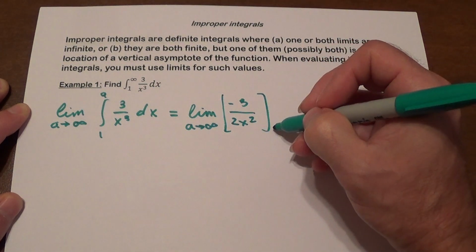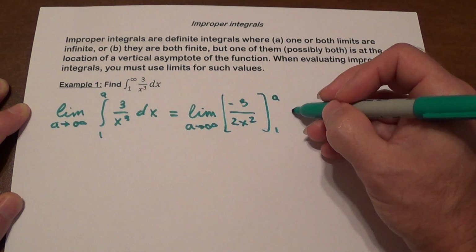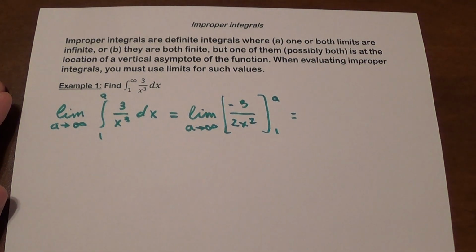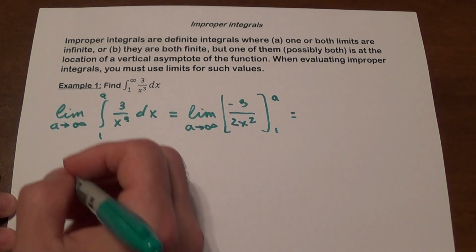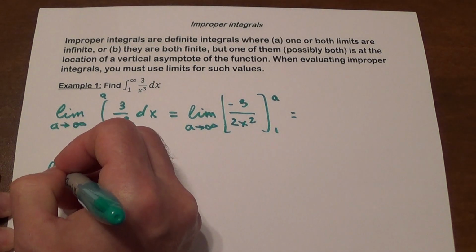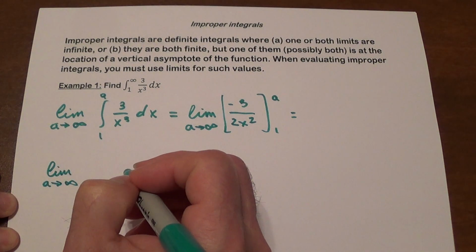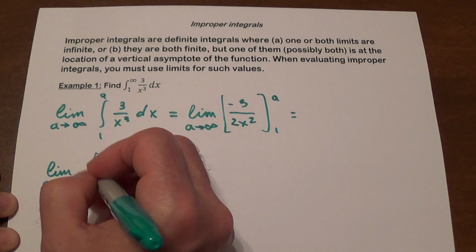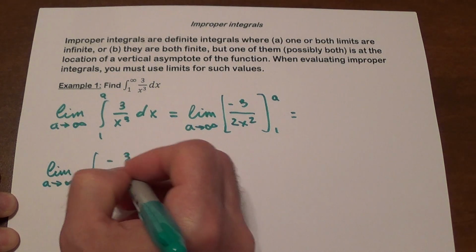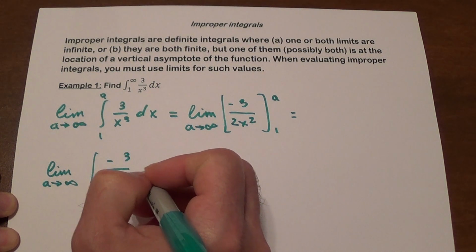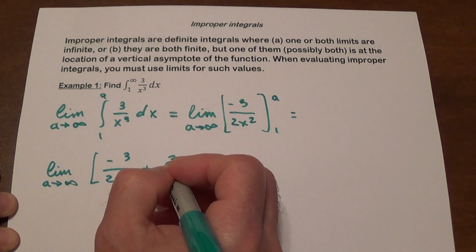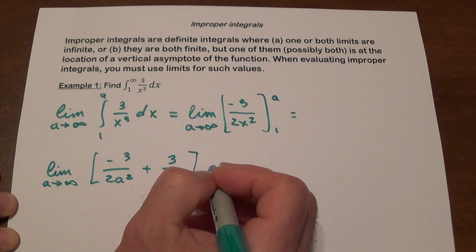And this is a definite integral, so we're going to evaluate it from 1 to a. We're going to substitute 1 and a into that, following the regular rules for definite integrals. So that's going to give us negative 3 over 2a squared plus 3 over 2.